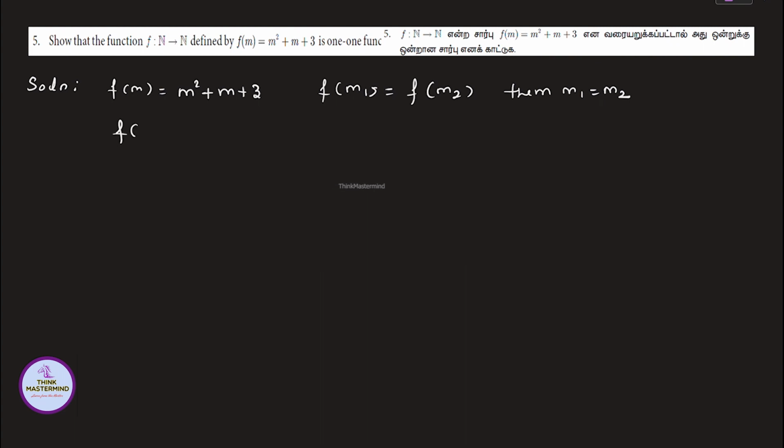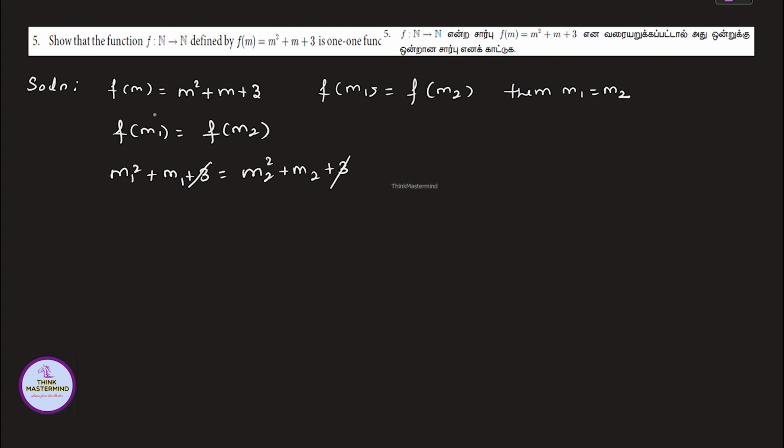So, f of m1 is equal to f of m2, that is m1 square plus m1 plus 3 is equal to m2 square plus m2 plus 3. 3 goes to the other side as minus 3.